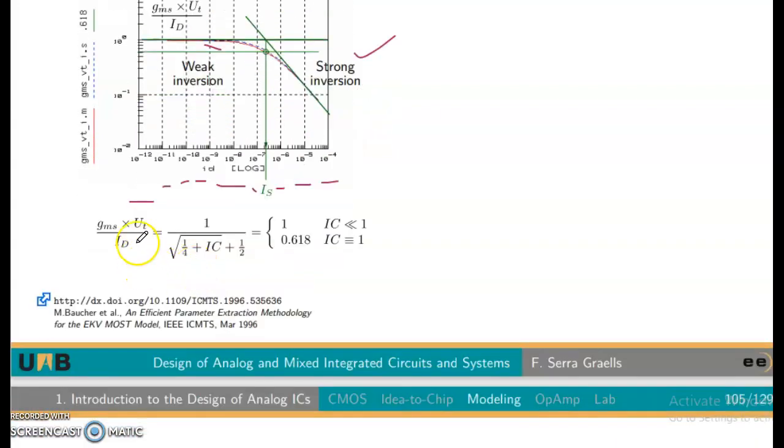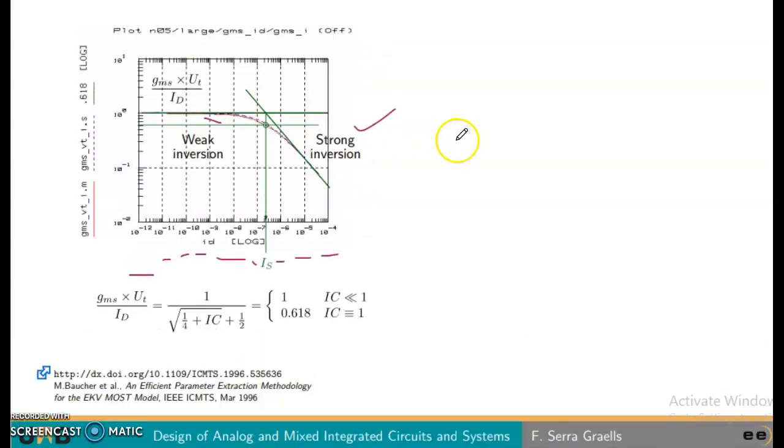This is strong inversion, GMS times UT by ID. Okay. In these equations, GMS times UT divided by ID. This GMS, this we will take.